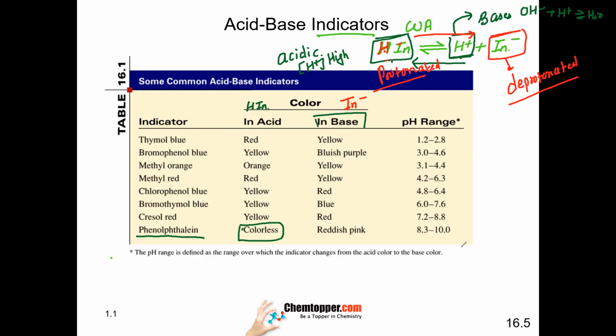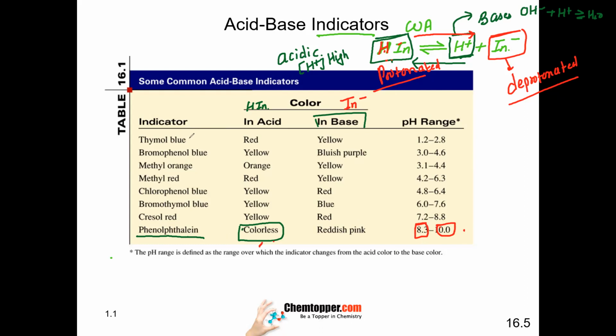Every indicator has a range in which it's going to change the color. Like phenolphthalein. Below 8.3, it is colorless. Above 10 is pink. So it will show you the change in color in this range.